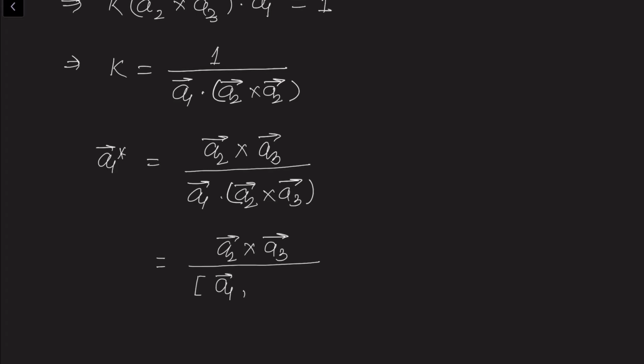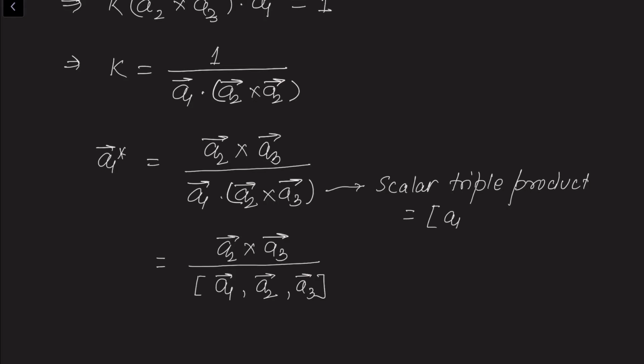So I can write it as A1, A2, A3, the scalar triple product with a symbol.